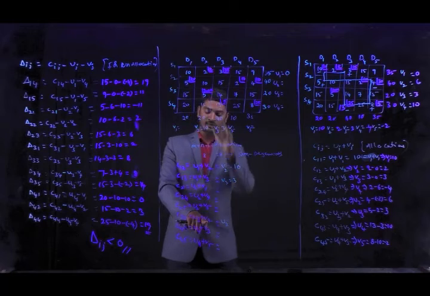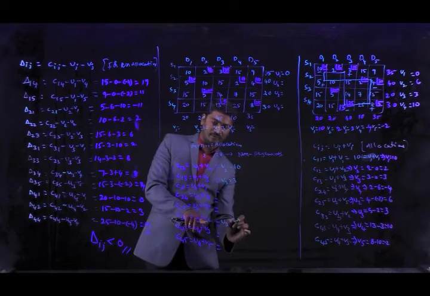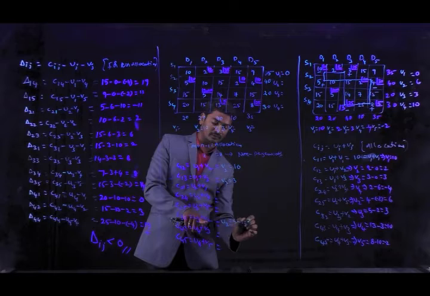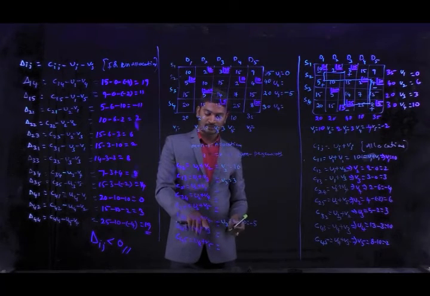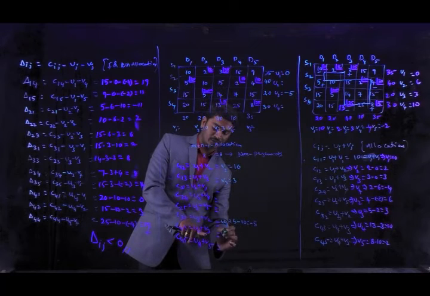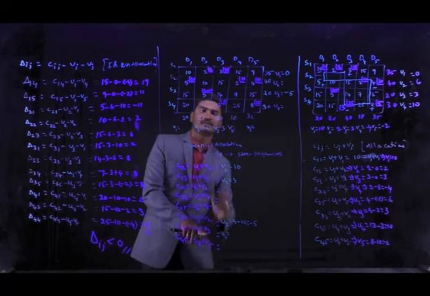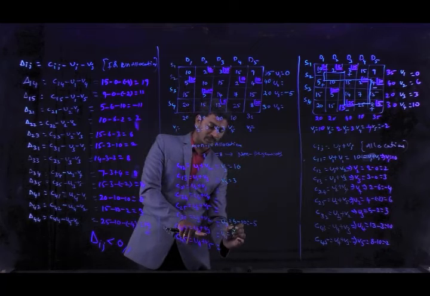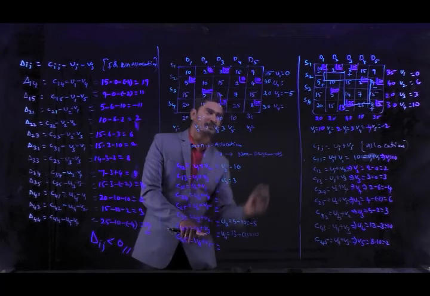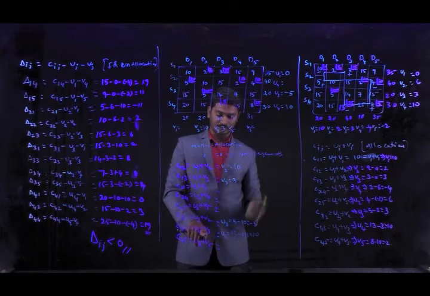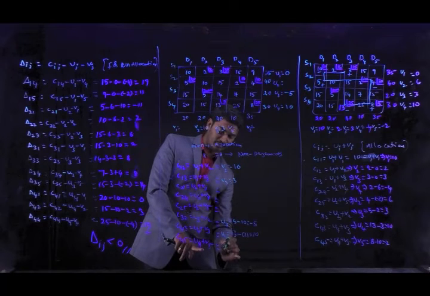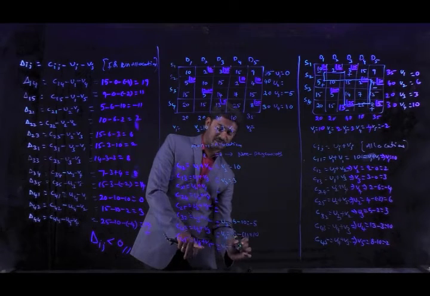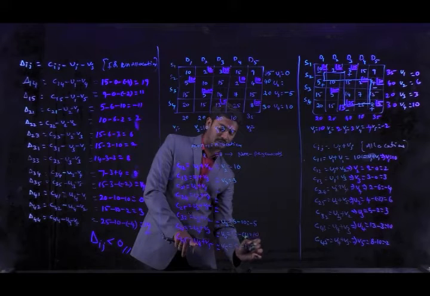C32 is 5 minus V2, which is 10. Here U3 is minus 5. Now we know V3, so from this we get the U4 value. C43 is 13 minus V3, which is 3, so 10. U4 is 10. Next, coming to this, here we are going to get V5. C45 is 8 and U4 is 10, so 8 minus 10 gives minus 2.